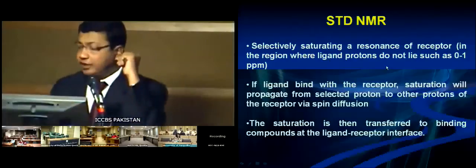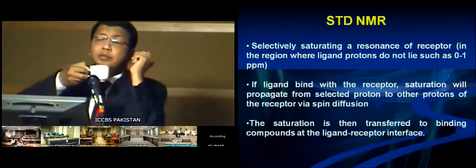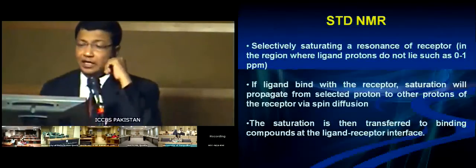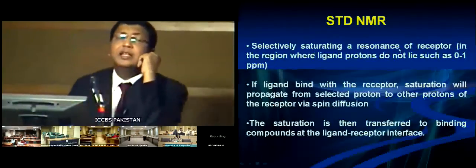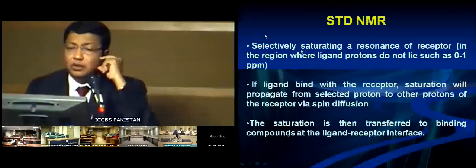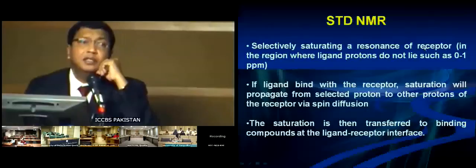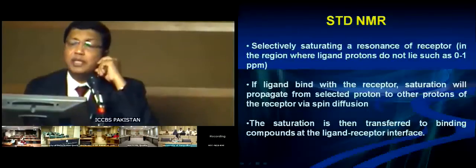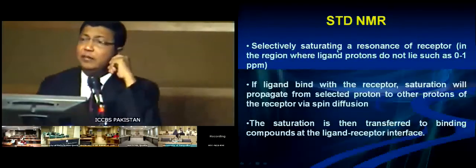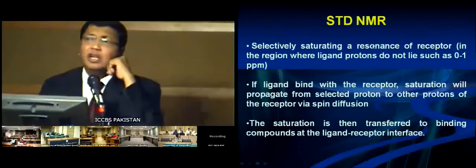This is a very interesting and a very important technique. And the whole concept is very, very easy. What do you do? You selectively saturate, and I'll take time, don't worry, you can ask me questions whenever you want. Selectively saturate the receptor. That means you need to have a pulse which selectively pre-saturates protons of a receptor, like a protein, right?